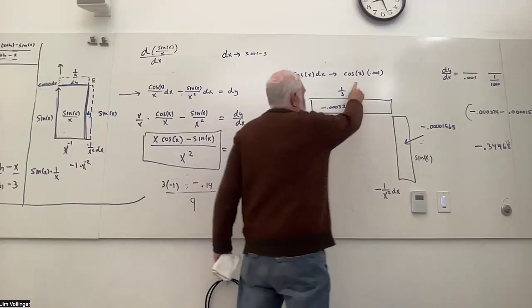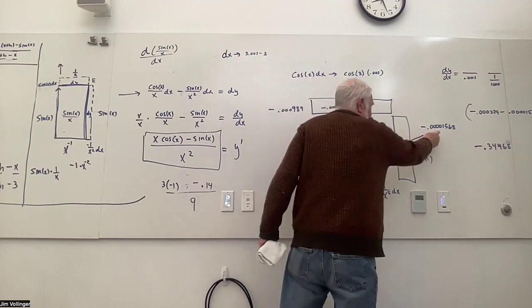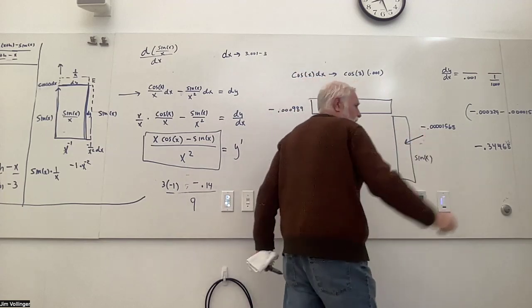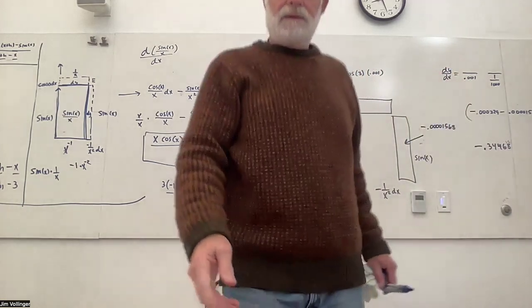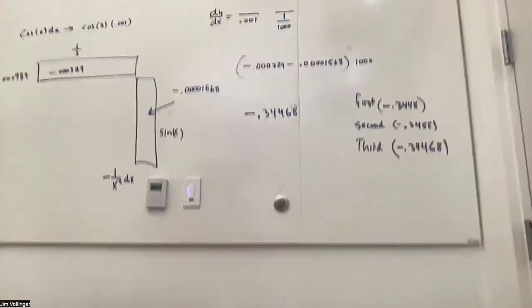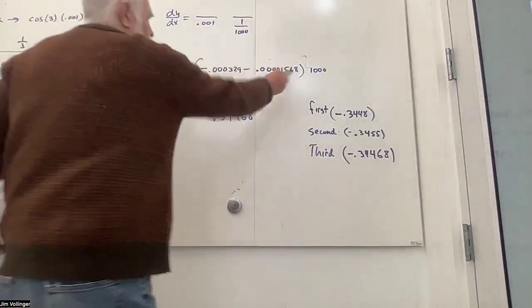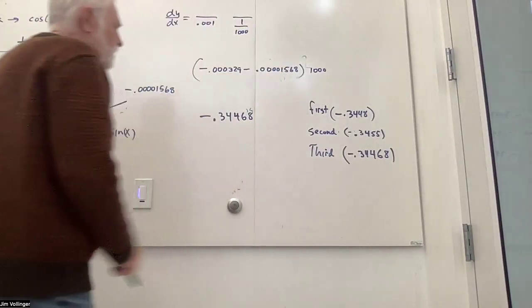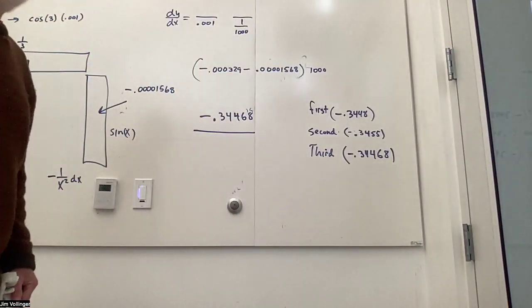And then we've got cosine of 3 times 0.001 gets me this number here. All right, and if I add those up and I divide by 0.001, it's the same thing as multiplying by 1,000. So I put these together, and it looks like I came out with negative 0.34468.